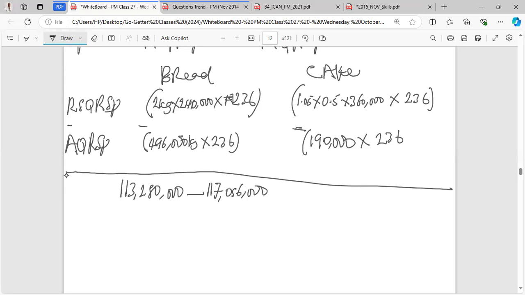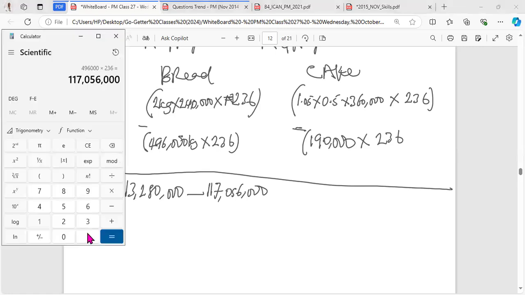All right, it's good I cross-checked. Then the other one here is 1.05 multiplied by 0.5 multiplied by 360 multiplied by 236, 44,604.